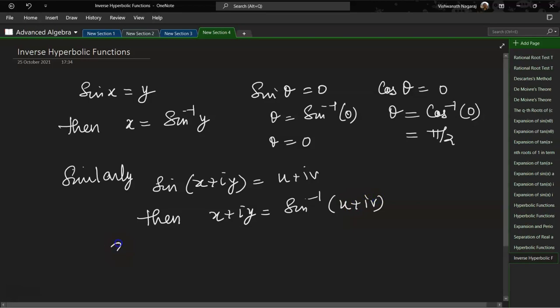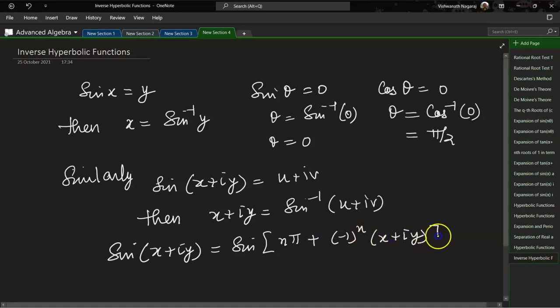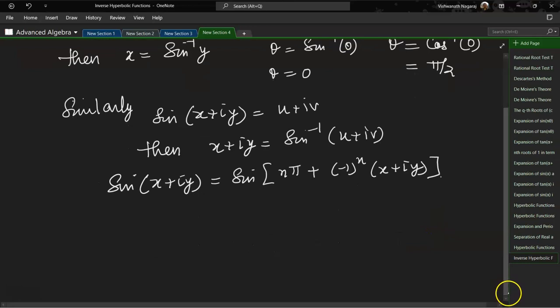And sine of x plus iy, if you make it periodic, is sine of n pi plus minus 1 to the power of n times x plus iy. Basically the general form. Okay.